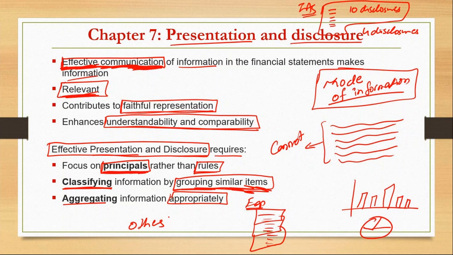So we should be aggregating some of the information where aggregation is relevant. We should not be aggregating if not aggregating is relevant. We should try to group items and provide sub disclosures rather than writing everything in a single one. We should focus on the principles that what disclosures should be given and what should not be given rather than simply following the rules of the standards.